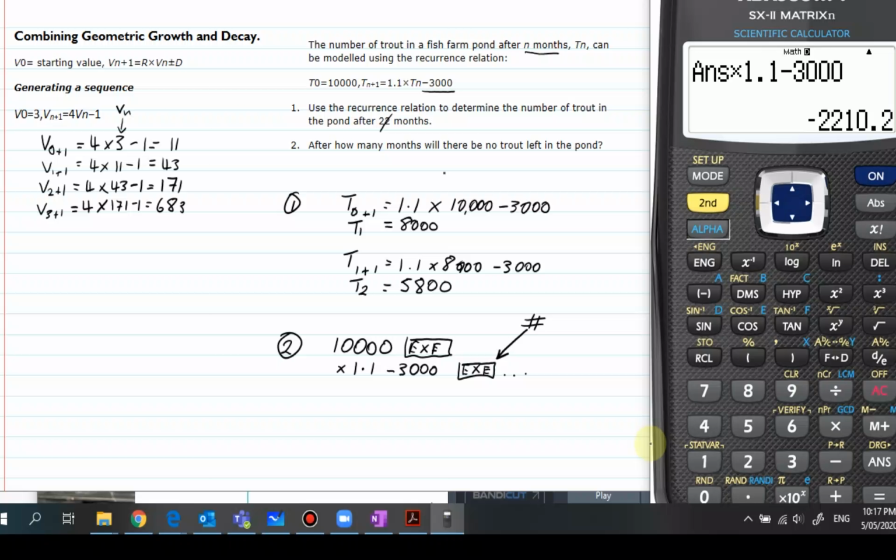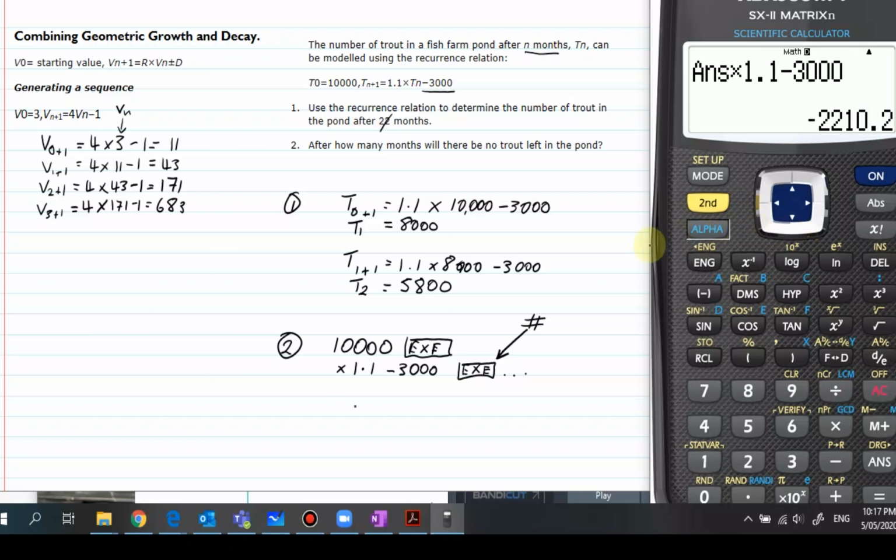Even though it's gone well under, the term before that was above 0. After 4 iterations of the recurrence relation, we still had 718 fish left. So it's after the 5th one.